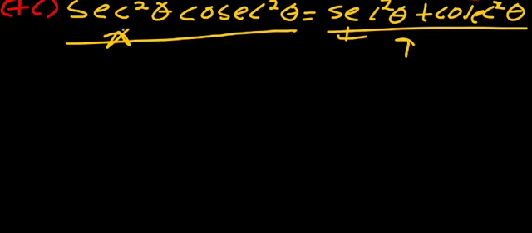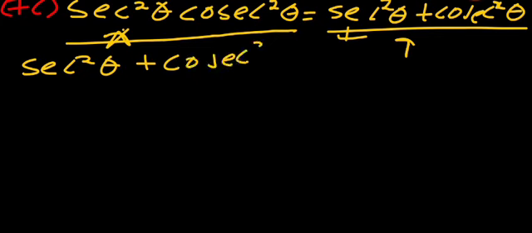You can use the right hand side to show the left hand side, or the left hand side to show the right hand side, whichever is working. So I'm going to use the right hand side to show the left hand side. Secant squared theta plus cosecant squared theta should be equal to that.